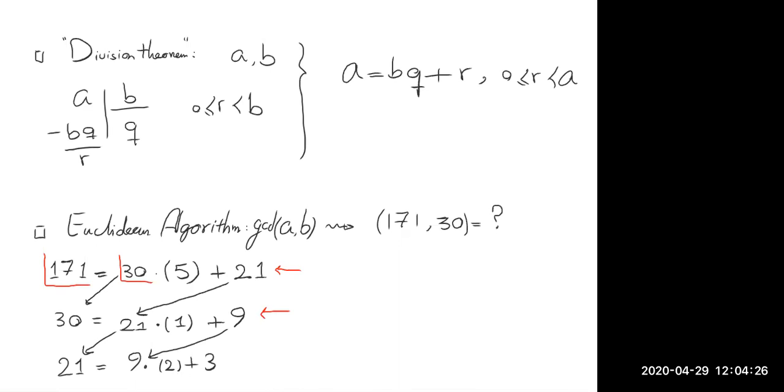So the remainder now is 3. And finally, we can divide 9 by 3, and 3 times 3 is 9, plus 0, the remainder is 0. Look at the last non-zero number, it's 3. It means the greatest common divisor of 171 and 30 equals 3. That's the case for integers or natural numbers.